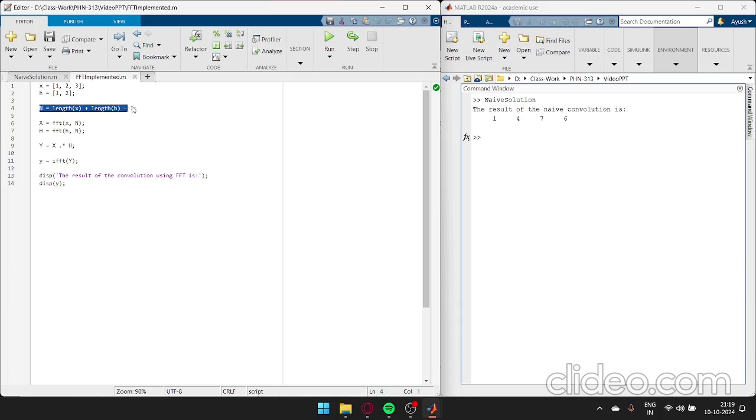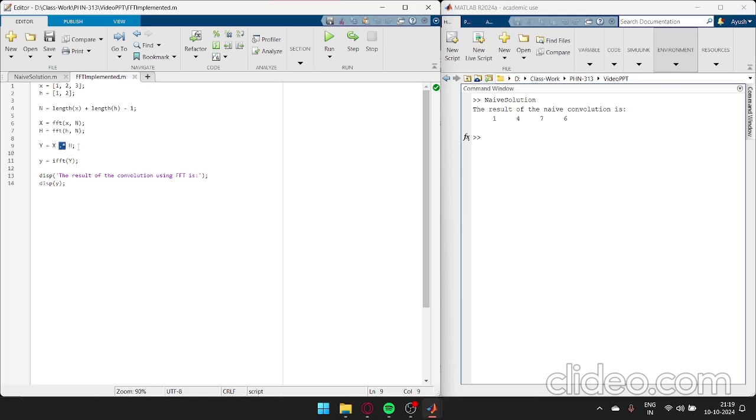MATLAB is a really nice language. First, we'll define the length of our convolved signal, which is the length of x plus the length of h minus 1. Now, MATLAB is a very beautiful language, and we can easily calculate the fast Fourier transform of both of these signals with a simple function, which I don't have to define. And then we take their dot product.